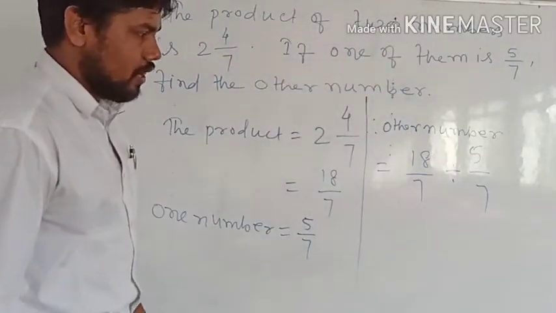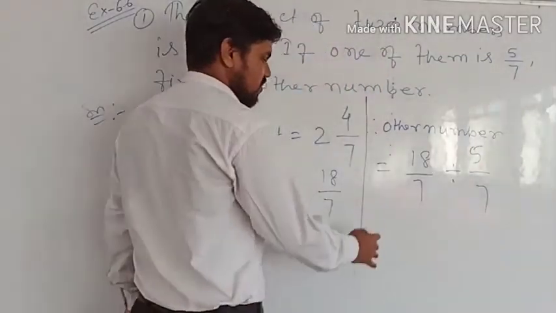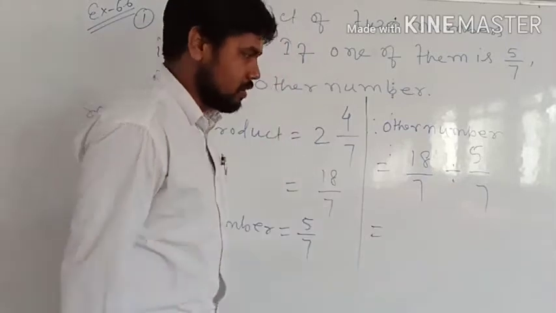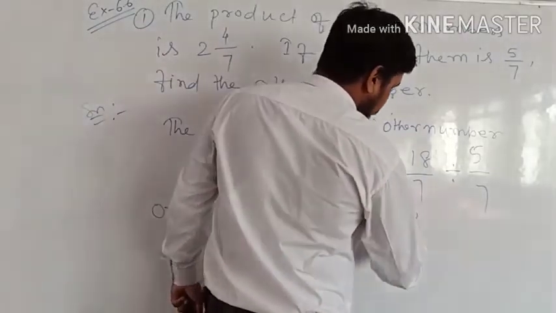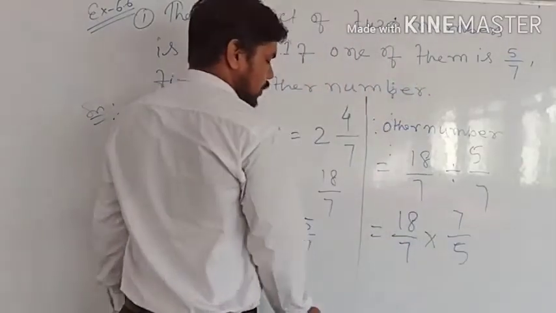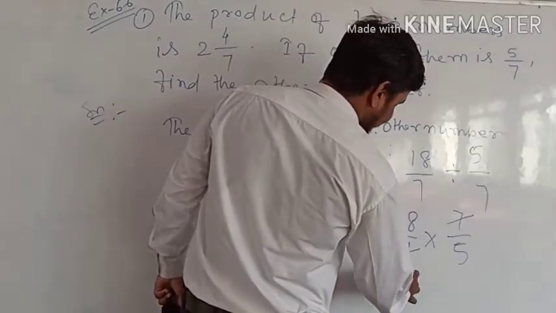Okay. So now if you want to change this division sign into a multiplication sign, in case of division also you will do the multiplication only, but with the reciprocal of this number. So it will be 18 divided by 7 multiply 7 divided by 5. So here the 7s will be cancelled and the answer will be 18 divided by 5.